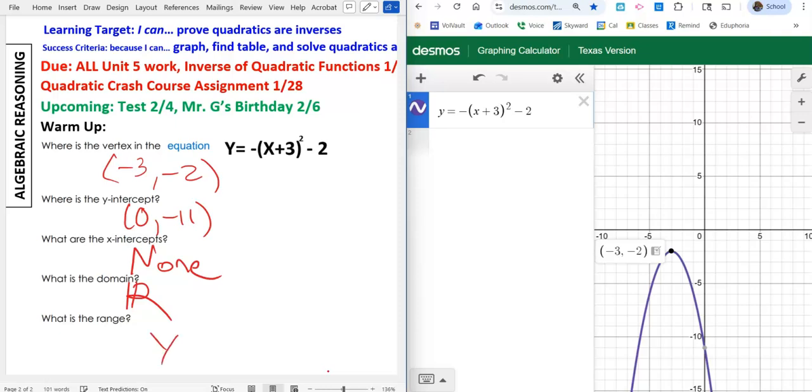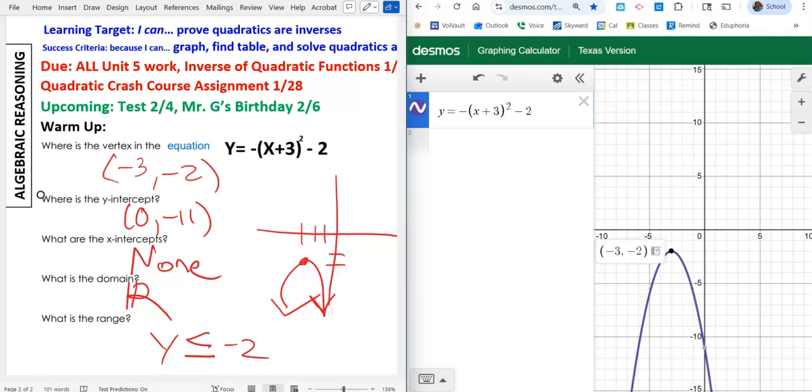So it's y less than or equal to, and then which of these numbers am I going to put? What's the y value here? -2. Y is less than or equal to -2. So basically, this graph, if I can draw correctly, is like 3 to the left, 2 down, and it's going down. It's going down for real.